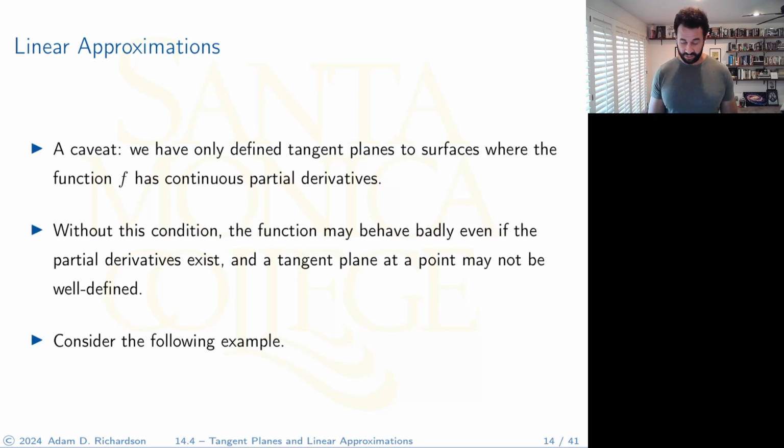The problem is your tangent plane may not be well defined. It's a bit more subtle, because as we'll see in the following example, you could have a point where the partial derivatives exist and are equal, but you can't define a tangent plane well, meaning there are infinitely many choices for a tangent plane, which we'll see in a moment.